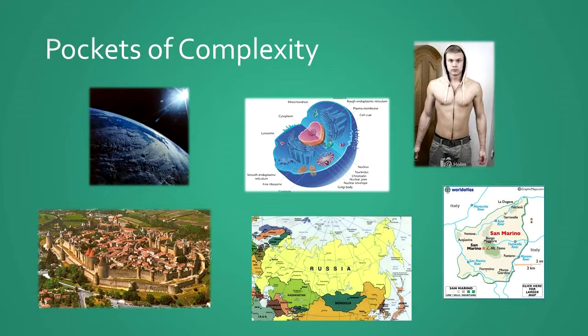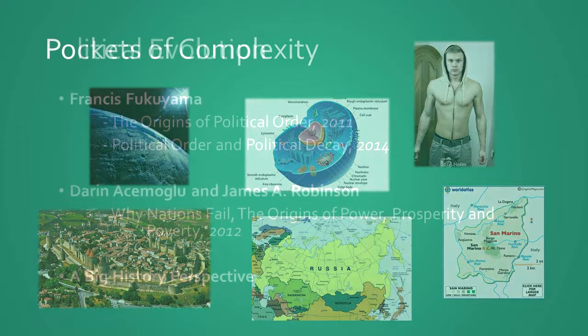Just in the same way I see a state as a pocket of political complexity. It can be either very big, like Russia, or very small, like San Marino, the first one being more than 50,000 times larger than the second one. So that already tells us that states can exist in very different sizes and of very different nature.